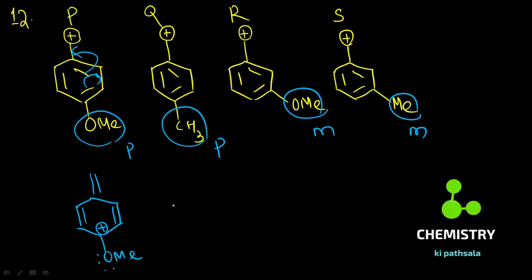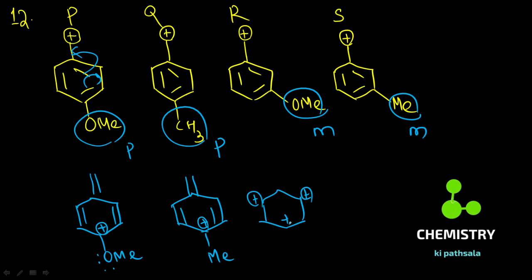And in this case you can find the same phenomenon, the carbocation formation at the para position. In this case obviously you will struggle for your carbocation at the meta position, and similar case here. I am showing you in a shortcut manner so that it will be easier for you.